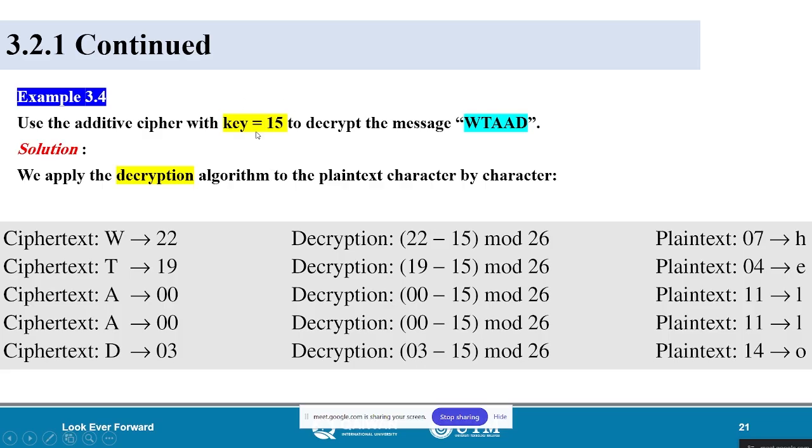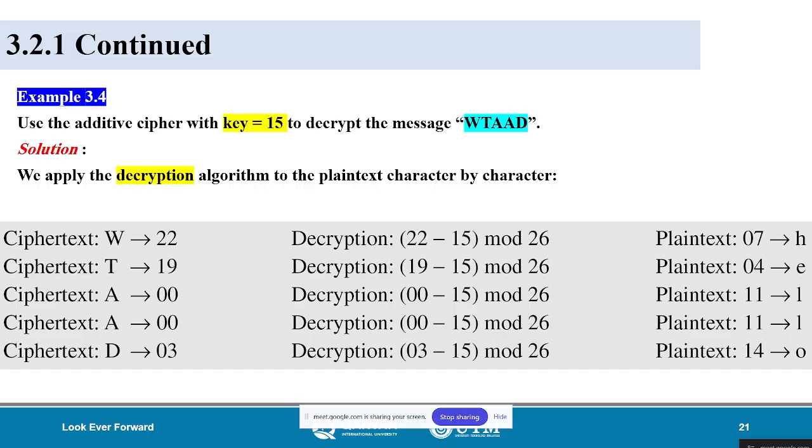Now I know the key is 15, and I have the ciphertext 22, 19, 0, 0, 3. I will try to decrypt it. Now this time I'll say 22 minus the key. 22 minus 15 mod 26 would be 7. 19 minus 15 mod 26 would be 4. And so on until we reach the last one.